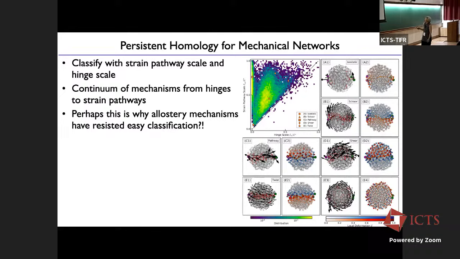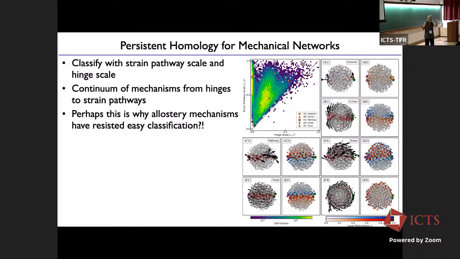Others are these very well-defined pathways with not much of a sector at all. You see them all here. But the interesting thing is, each of these different examples, which you can find in the protein literature, is not in a discrete clump.